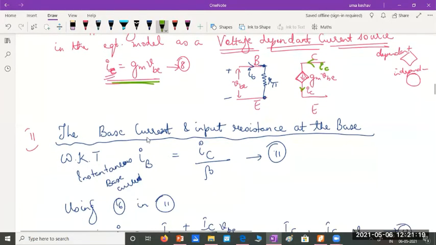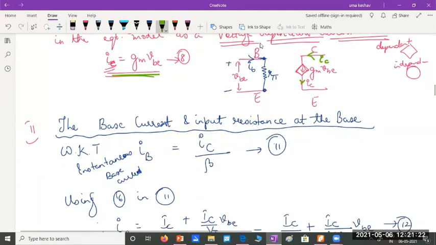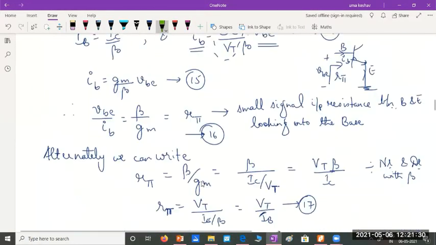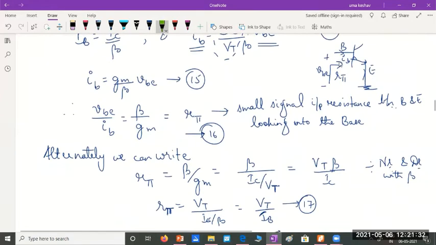Next, we tried to find the base region resistance r pi, for which we considered the base current defined as IC by beta. We simplified this and we could get an expression for the resistance seen between the base and emitter regions, which is denoted as the AC voltage between base and emitter, vbe, divided by the current ib.